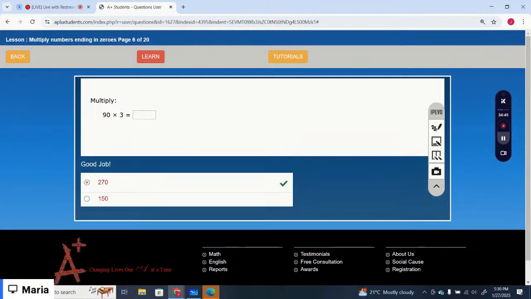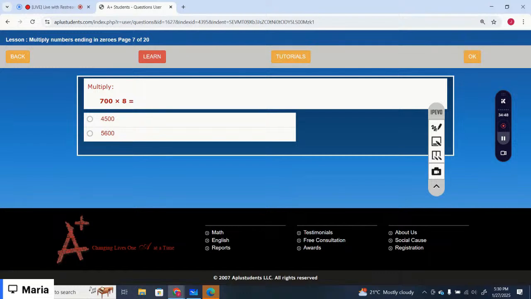So 270 it is. 700 times 8. 8 times 7 is 56.